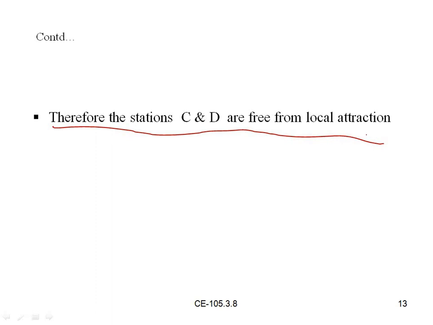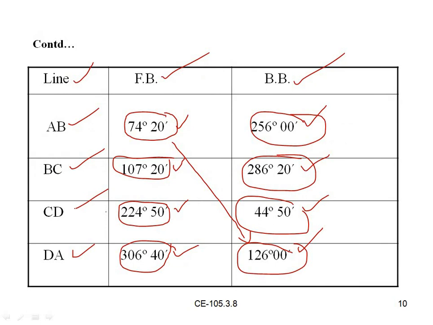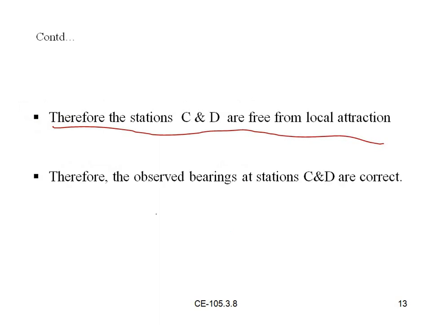Why are C and D free from local attraction? Check the diagram. This is C and you can see D in the CD. If you observe, 107 degrees 20 minutes is less than 180 degrees and 44 degrees 50 minutes is less than 180 degrees. So that means here C and D station points are free from local attraction.